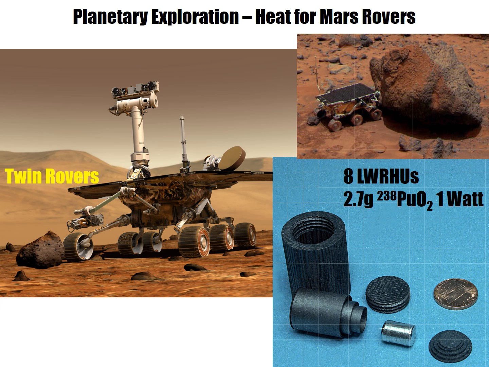As an example, these sources, as shown here, a relatively smaller amount, 1 watt of plutonium, are on the rovers that are doing Mars exploration. These do nothing more than provide heat, so that the rovers can operate when the sun is not present.